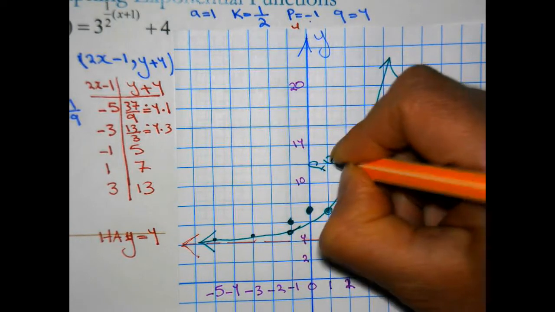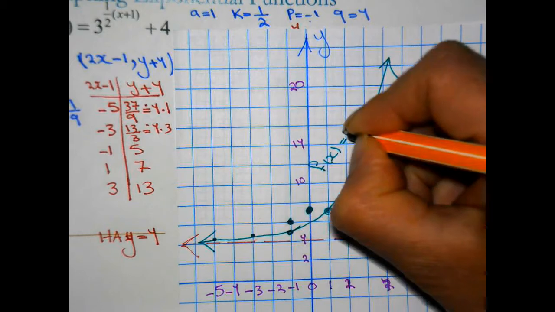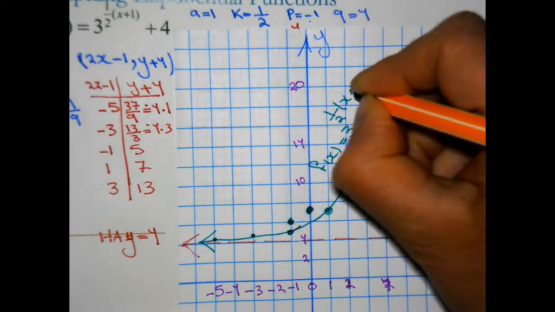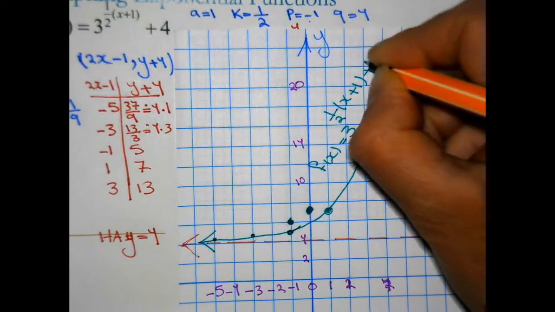F at x equals 3 to the exponent 1/2 x plus 1 plus 4.